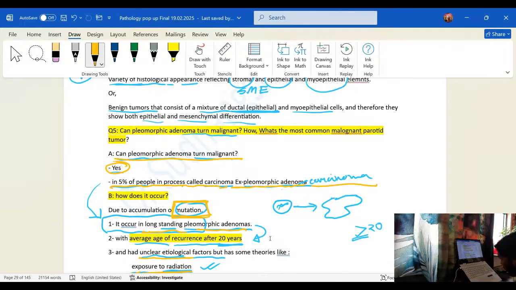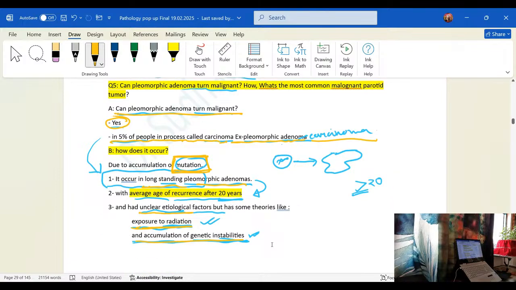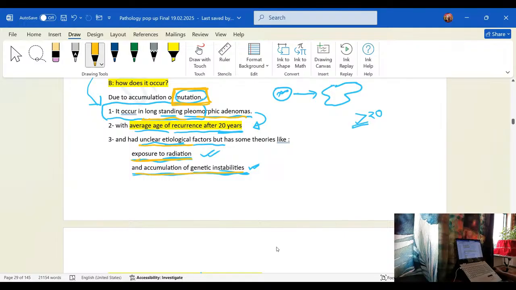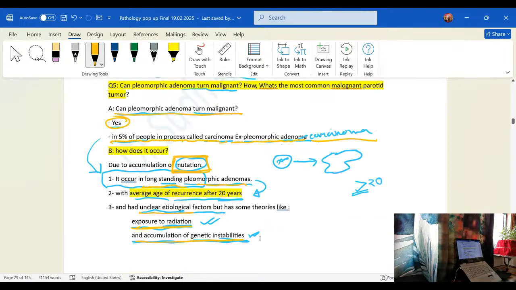It occurs in long-standing pleomorphic adenoma, with an average time to malignant change of about 20 years, and it also has uncertain etiological factors, such as exposure to radiation and genetic susceptibility.